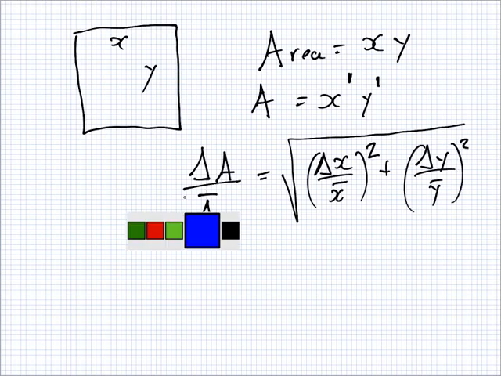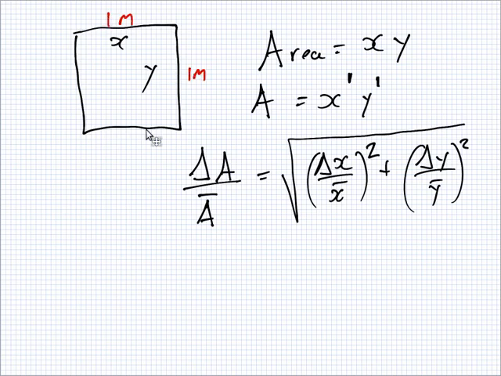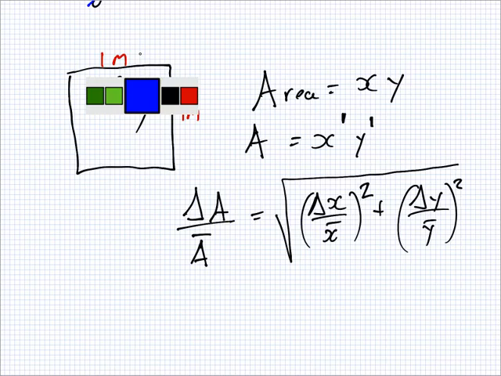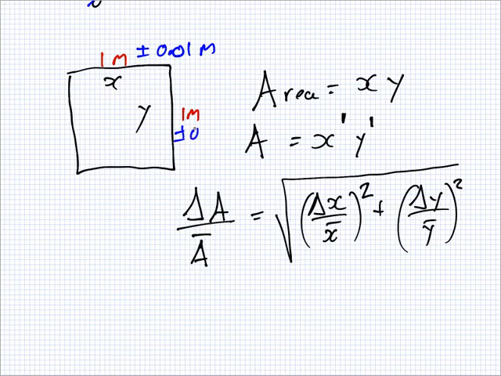So in my example, I thought that this was 1 meter, this was 1 meter, but here I had plus or minus 0.01 meter, and here I had plus or minus 0.01 meter.